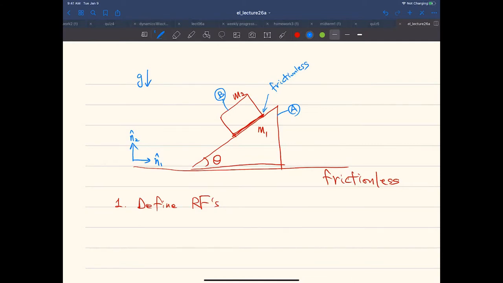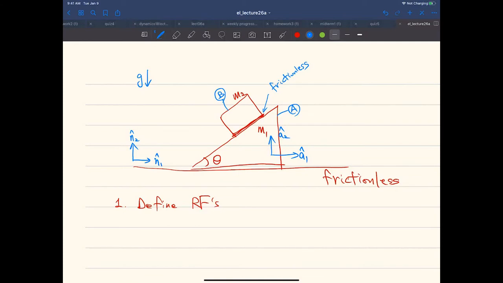So let's do this. We have A1, A2, and obviously A3, but make sure that it is fixed to rigid body reference frame A. Now, what about B1 to 3? The B1 to 3 has to be attached to the rigid body reference frame B, right?